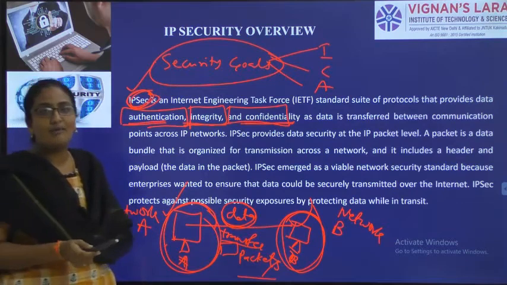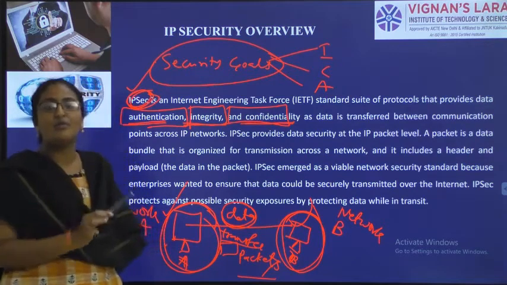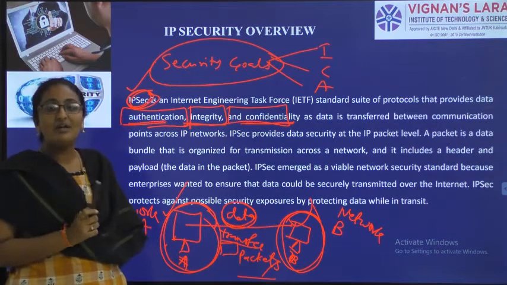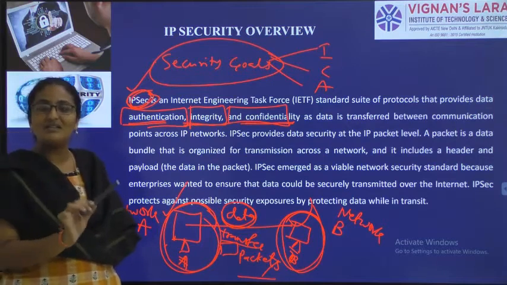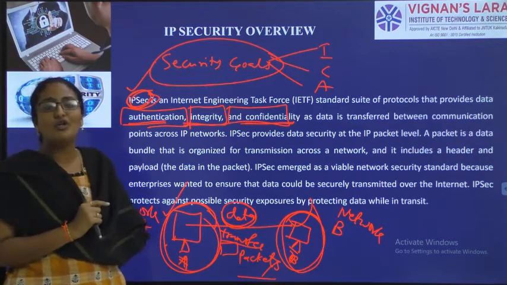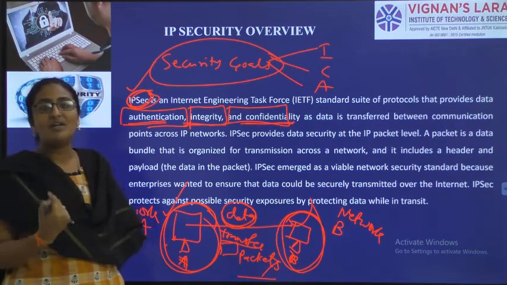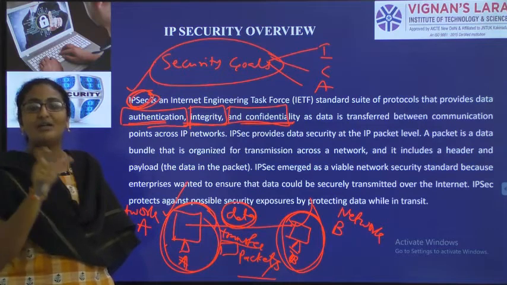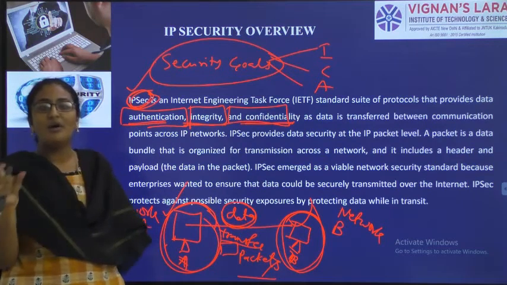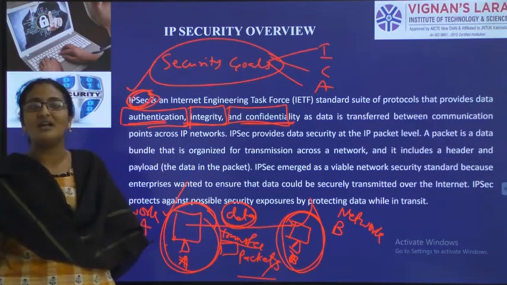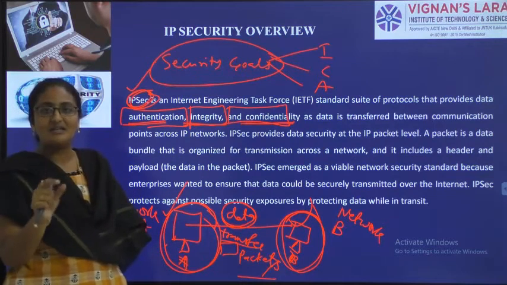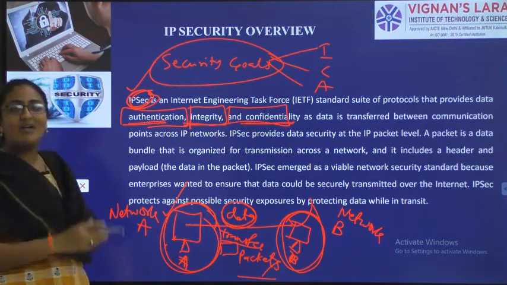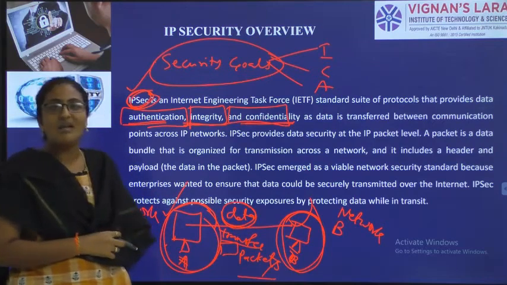A network is nothing but a group of computers, which you already know: a group of systems or computers interconnected to share a common physical resource. While starting unit 1, I told you the network definition, since the subject cryptography and network security itself has the word network. So network A will have a group of systems, and network B also will have a group of systems.